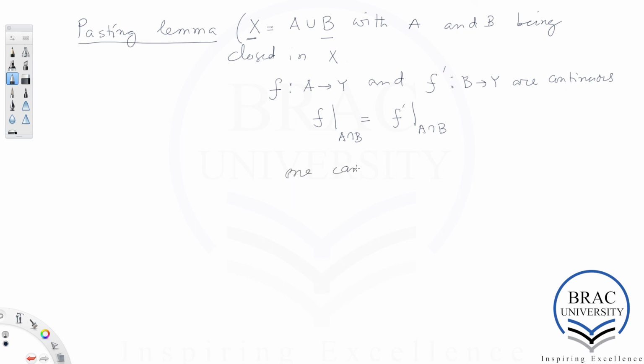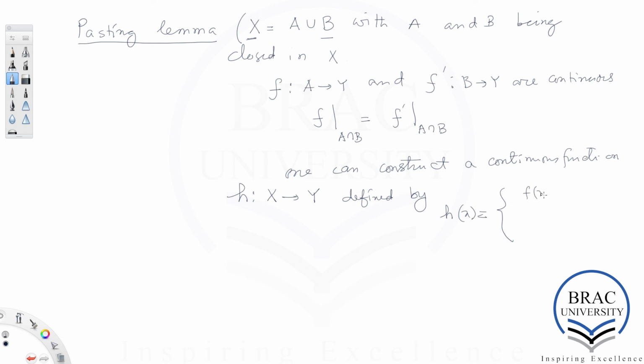One can construct a continuous function h from X to Y defined by h of x is equal to F of x if x is in A and is equal to F prime of x if x is in B. So this is how you define this new function h constructed out of the two old continuous functions F and F prime. Okay, so this is the pasting lemma.